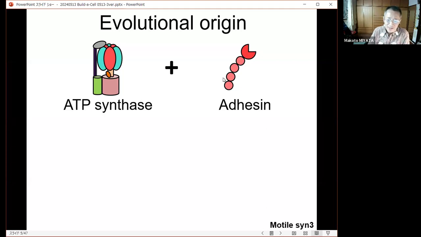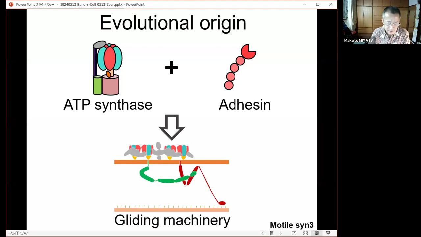And adhesin is an essential protein for parasitic bacteria for binding to the host cell surface. Our suggestion is that the occasional contact of ATP synthase and adhesin evolved to be the gliding machinery of this system. Anyway, so we get to know the story.